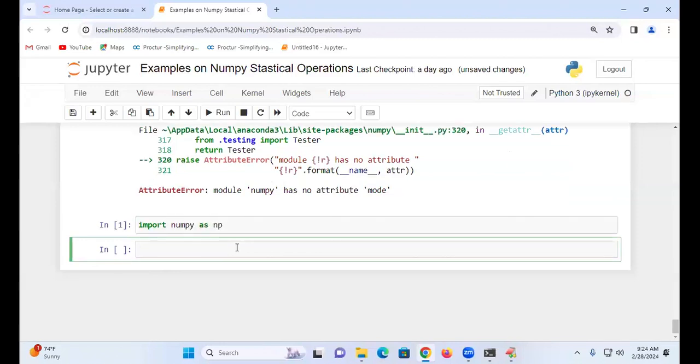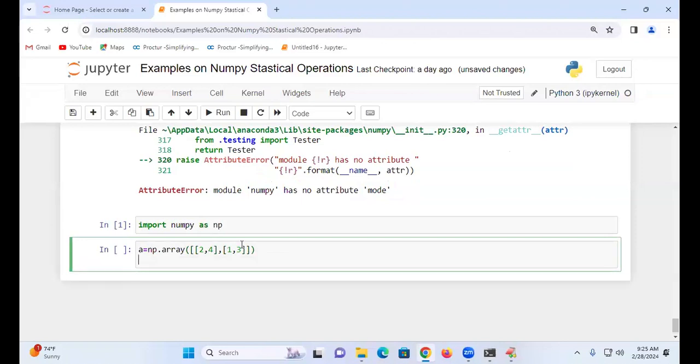Now A is equal to np.array of 2, 4, 1, 3. This is my data. And print A, type of A.